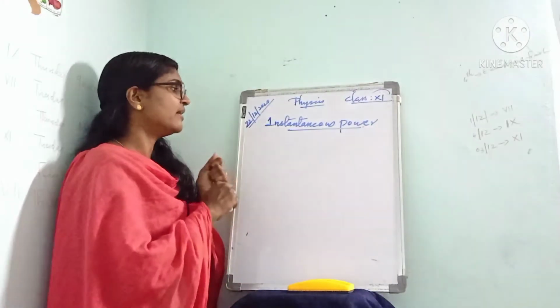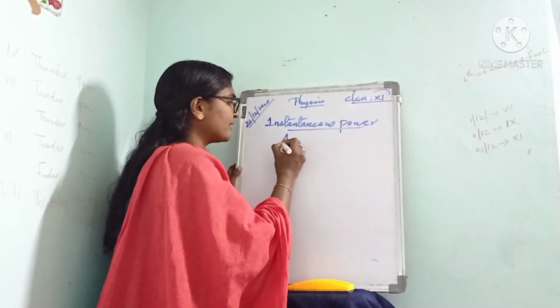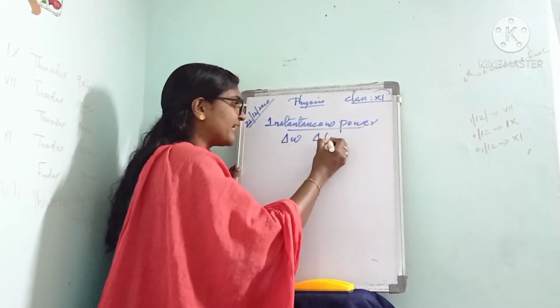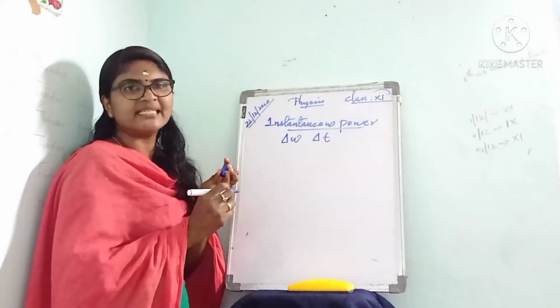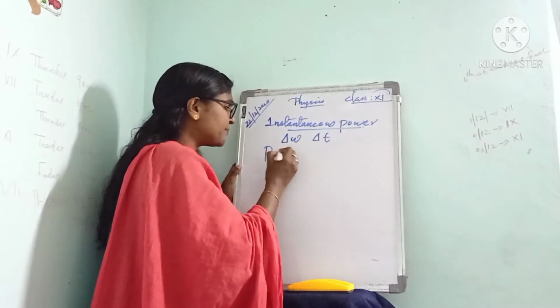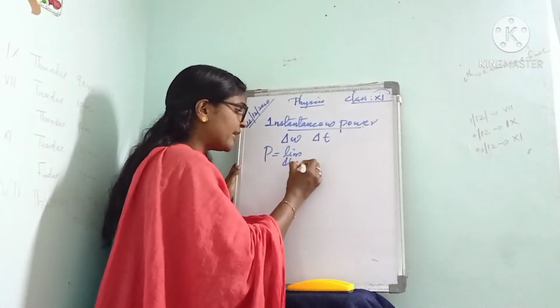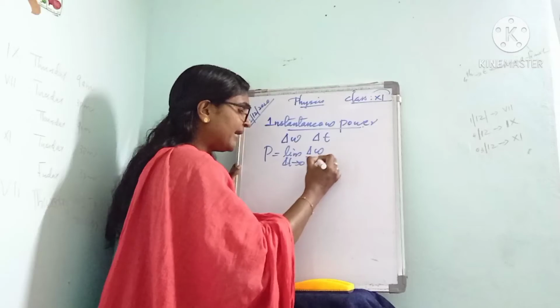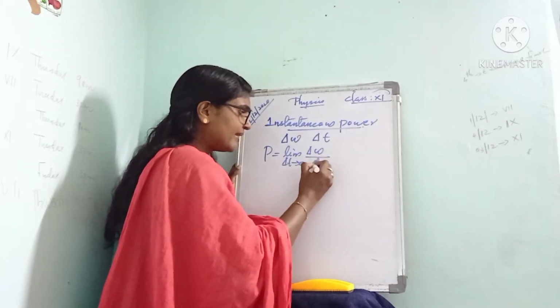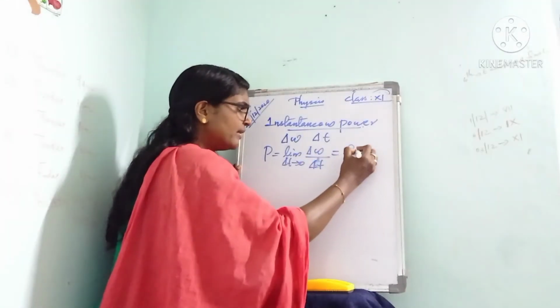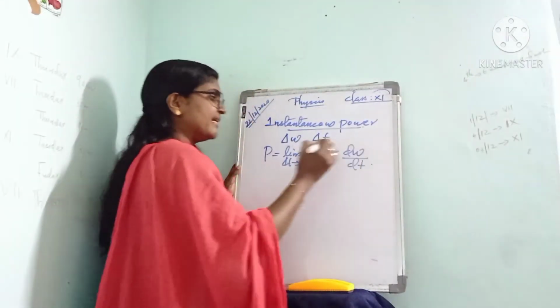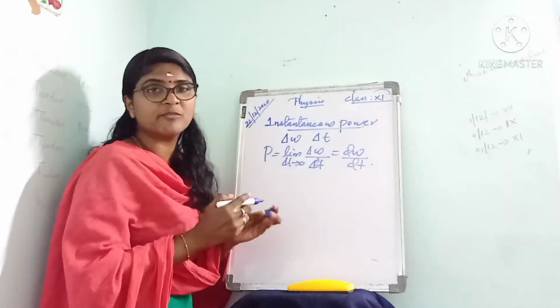Suppose delta W is the work done during a small interval of time delta T. Then the instantaneous power P is equal to the limit as delta T tends to 0 of delta W by delta T, which is equal to dW by dt. This is the instantaneous power.